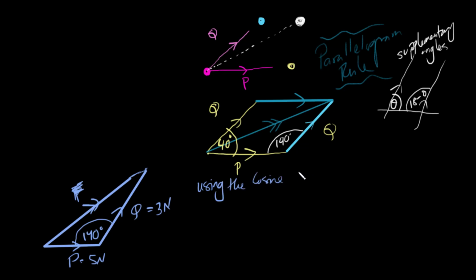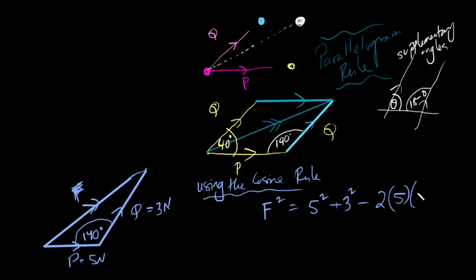The cosine rule is the rule for finding a side or angle in a non-right angle triangle. So F squared equals 5 squared plus 3 squared minus 2 times the product of the two sides that make the included angle, so 5 into 3 into cos of the angle enclosed by them, which is 140 degrees.